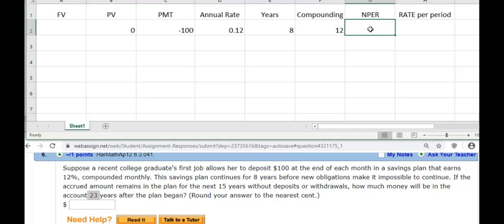Okay, the number of periods will be a total of monthly compounding, total of 12 per year for 8 years. Multiply those together, that's 96 months of payments. And then the rate per period is the annual rate divided into 12 equal pieces, 1% per month. So then I can find the future value.